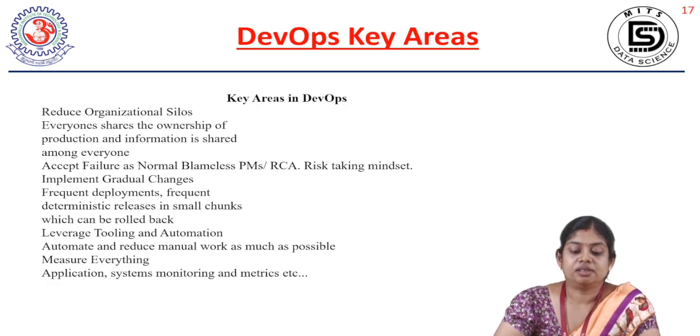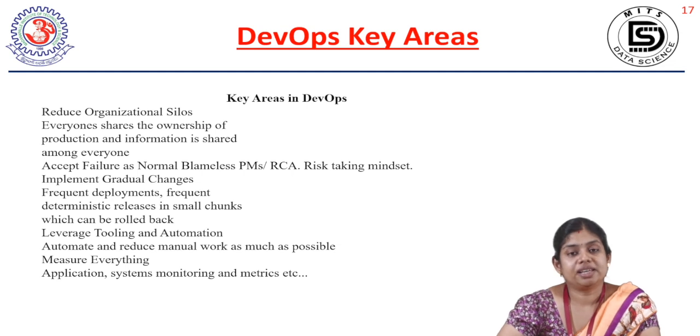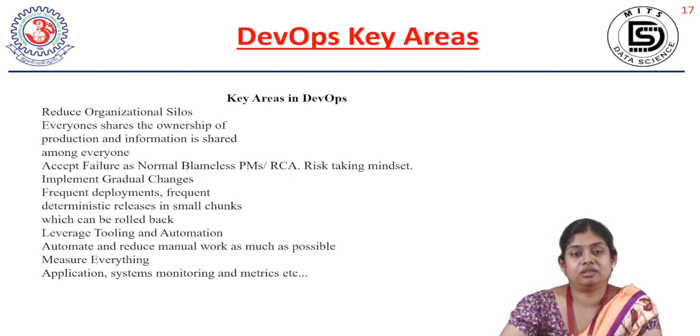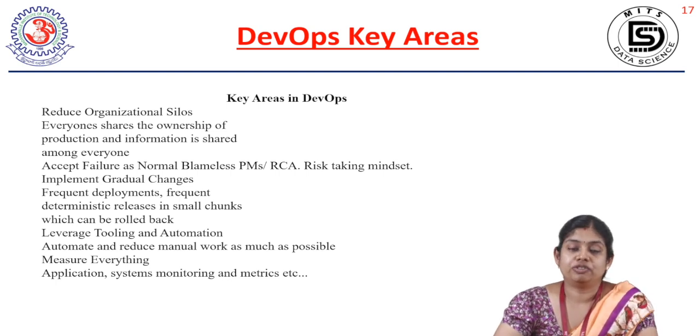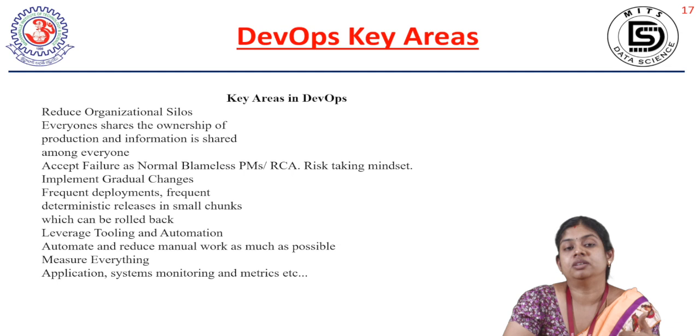And next one is the key areas. So reducing organizational silos is the main thing. Why? Because in an organization, people will be thinking more of the organizational people, how they would think, how this will be done, what they will think, like that.